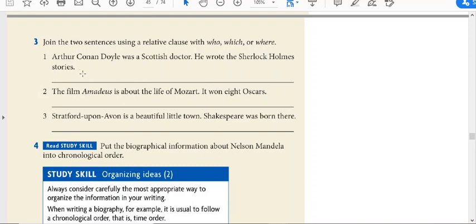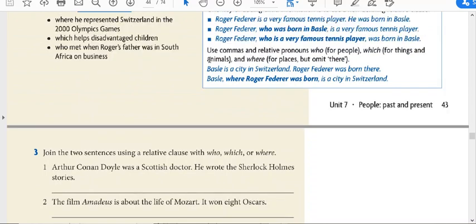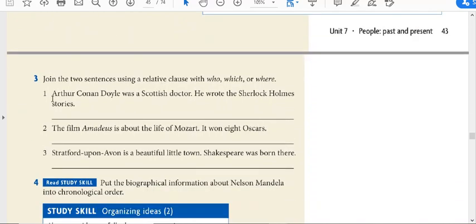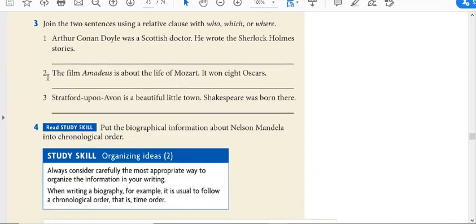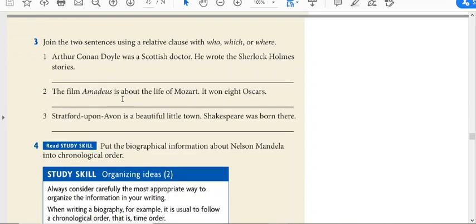Or we might use the same structure here. We say Arthur Conan Doyle, comma, who wrote the Sherlock Holmes stories, comma, was a Scottish doctor. And then you need to practice number 2 and number 3.